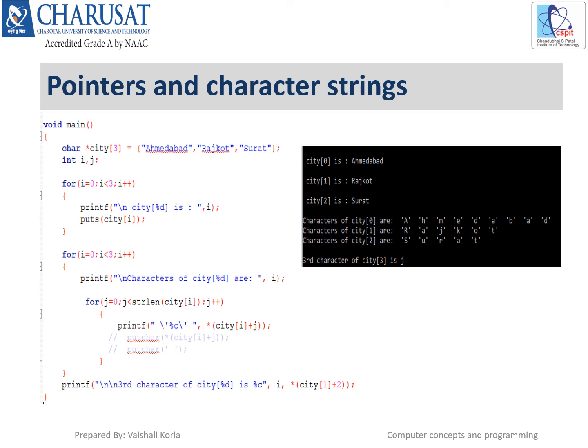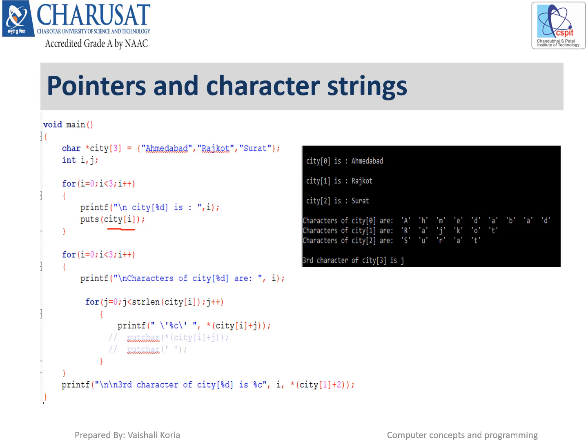Now we'll see an example for that. The same kind of declaration is used here, star city 3, which means a total of 3 strings we need to store, and there are values given for that. If we want to print the name of each city, we simply need to print city 0, city 1, city 2.